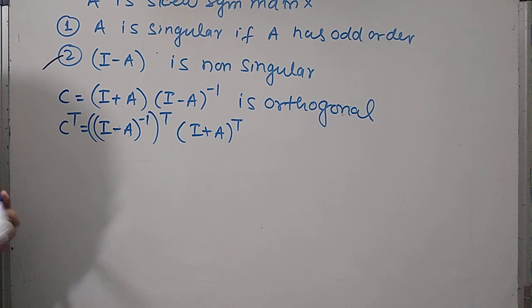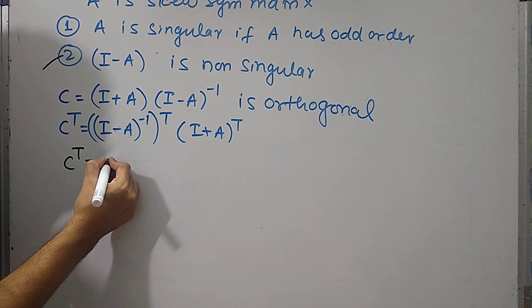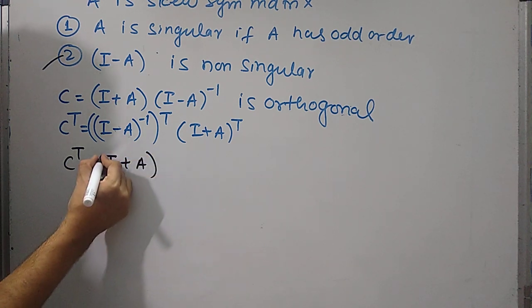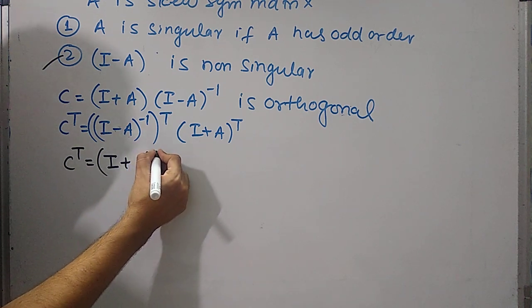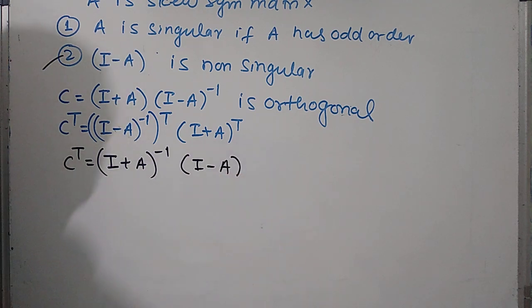So now this gives C transpose as (I plus A) whole inverse into (I minus A).